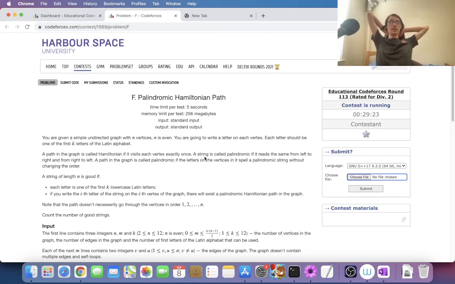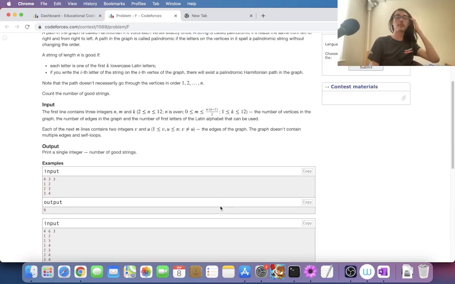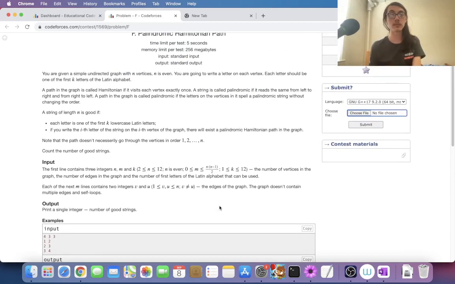A path in the graph is called palindromic if it's Hamiltonian and... Wait, what? Oh. Okay. Yes.